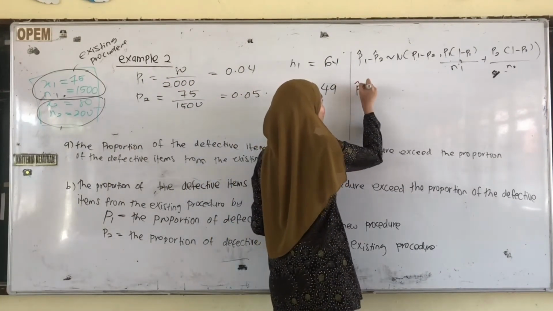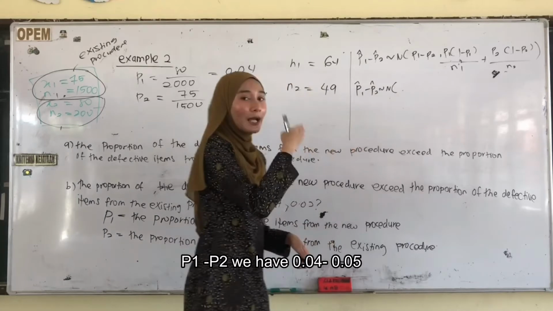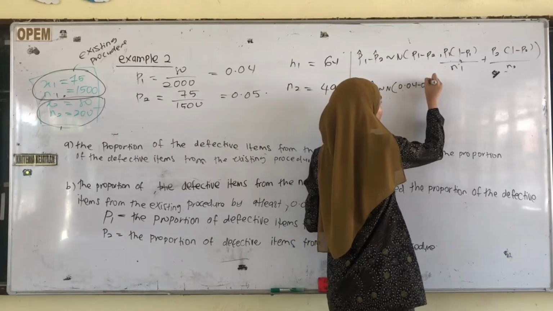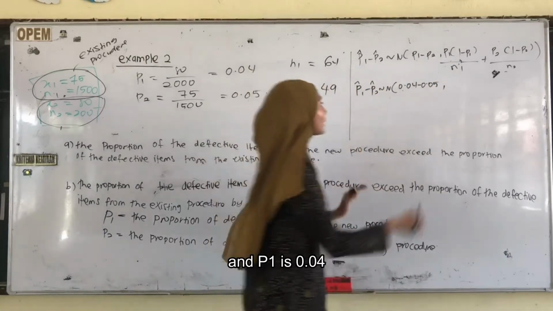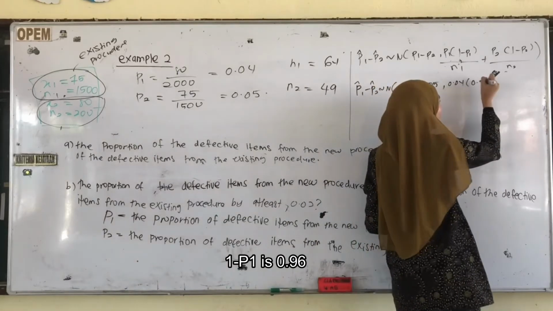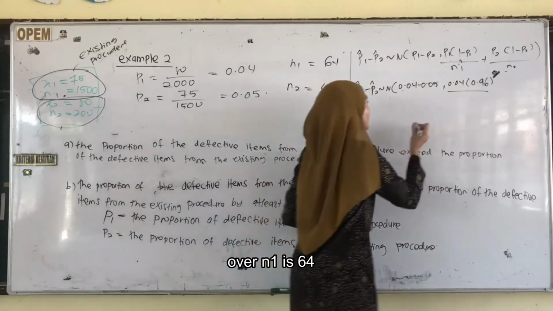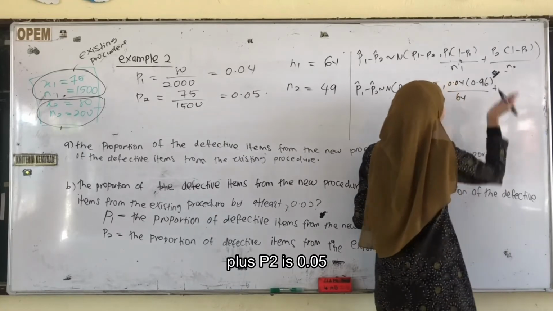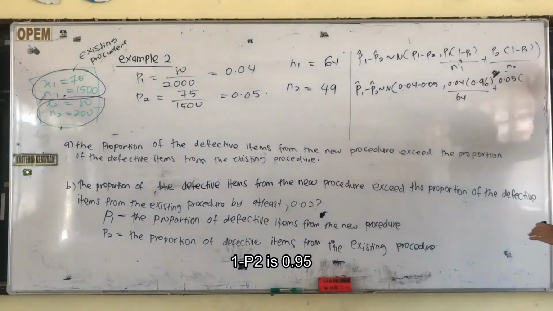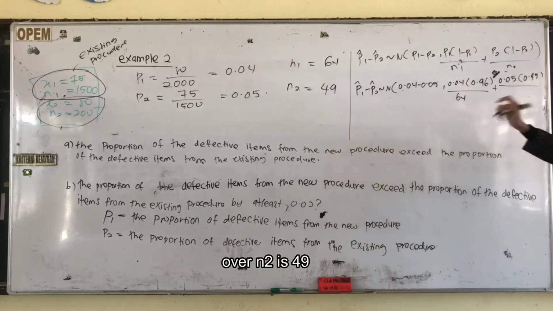So P1 minus P2, we have 0.04 minus 0.05, and P1 0.04, 1 minus P1 we have 0.96 over N1 is 64 plus P2 is 0.05. 1 minus P2 is 0.95 over N2 is 49.